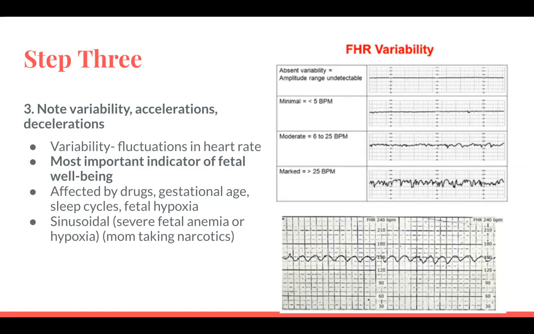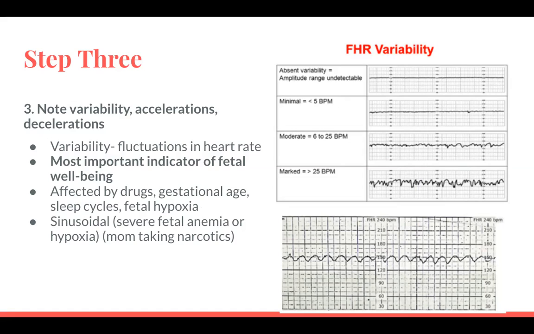Moderate is where you want to be. Minimal is when the baby has much less movement than they need. Absent means either check where the placing of the cord is, or the fetus might be under very serious distress and they're not picking up any activity at all.